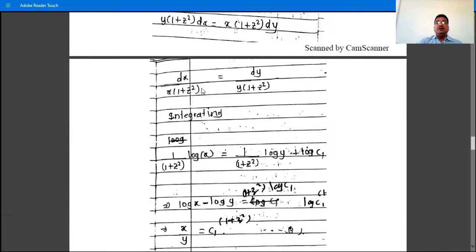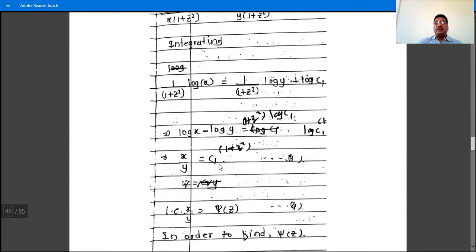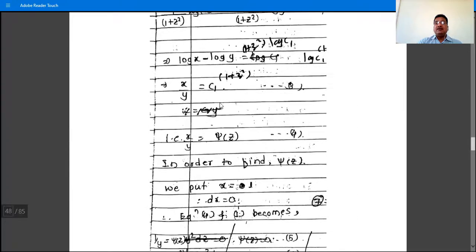If you cancel 1 + z² at this place, then we have the answer x/y equal to c₁, and we write x/y as φ(z). It is equation number 4.